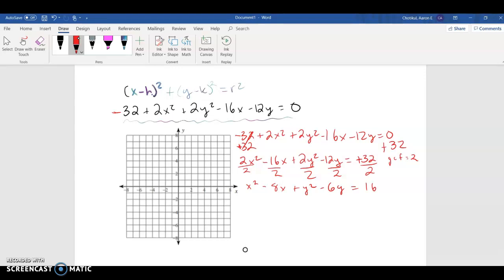Now we're going to continue the process we did last time. We need to figure out what we're adding to both sides. So let's use some different colors here.